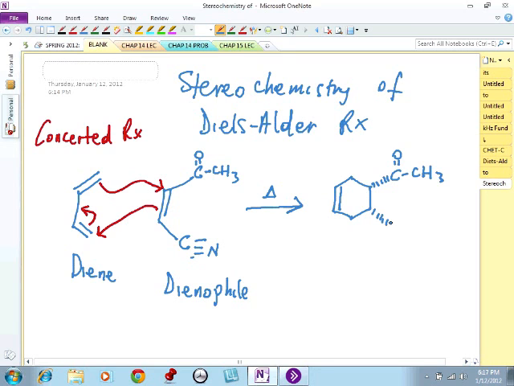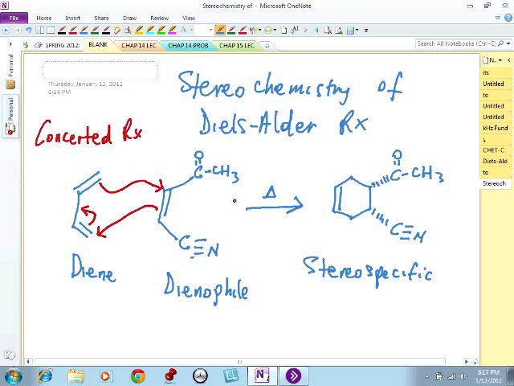In this product, the stereochemistry is such that the cyano group and the carbonyl group, the acetyl group, are on the same side of the ring. In other words, this reaction is stereospecific, meaning that you only form a particular stereoisomer.